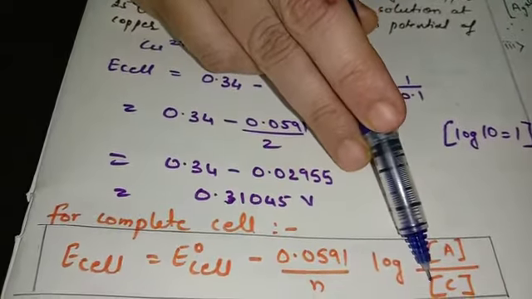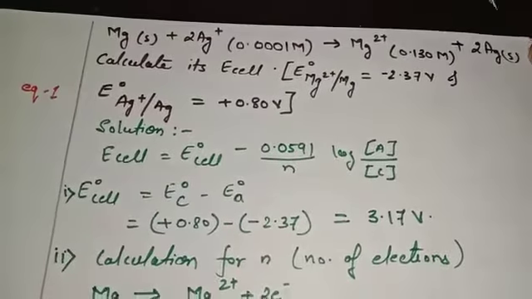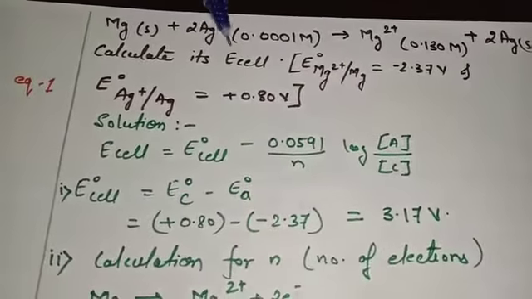Here the cell is given to us, that is magnesium plus 2 Ag plus ion. The concentration for silver ion is given to you, 0.0001 molar, gets converted into Mg2 plus ion where the concentration is 0.130 molar plus 2 Ag, that is 2 silver. Calculate its E cell.